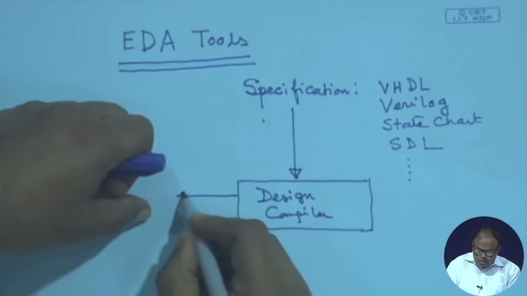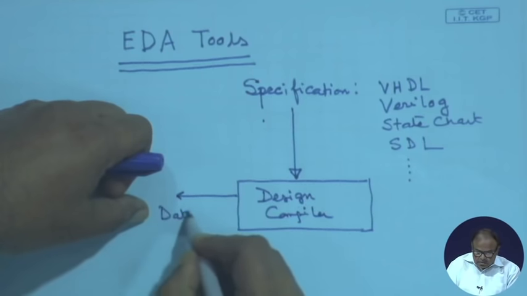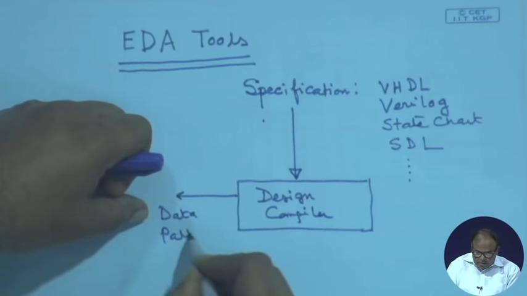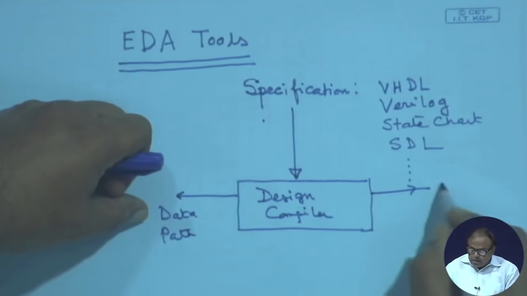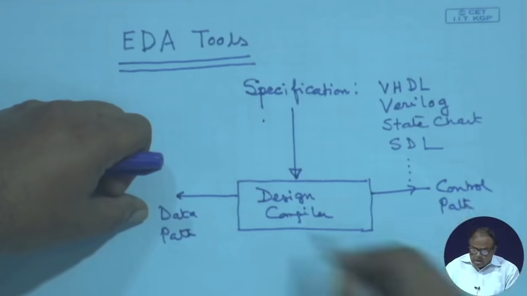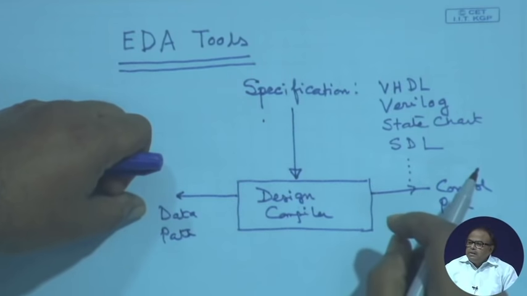That leads to the data path and the control path, and optimizations are done.